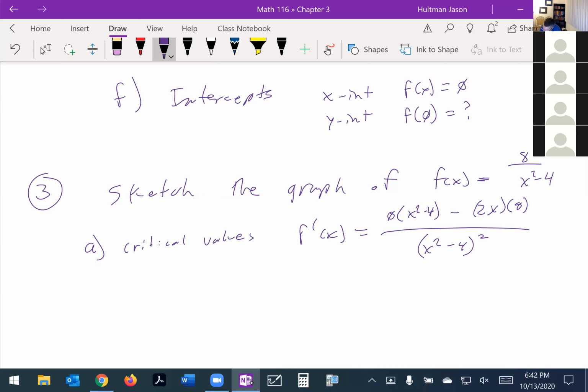Let's clean this up. This goes to 0. This is negative 16x all over x squared minus 4 squared. I want to set that equal to 0.